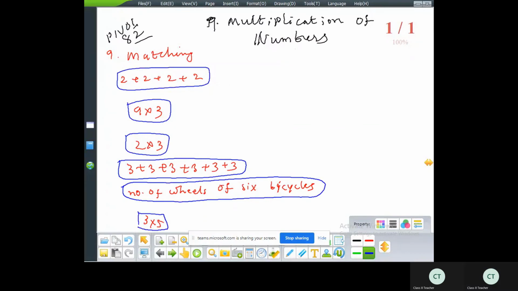First answer is 27. 6 into 3, 12, 5 plus 5 plus 5, 4 into 2, 3 into 2. These are the answers.